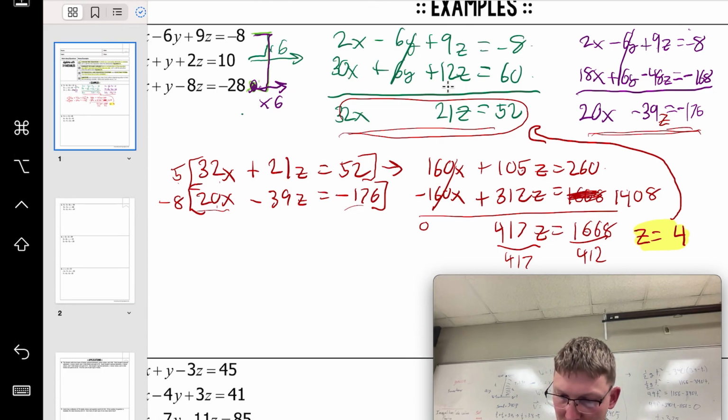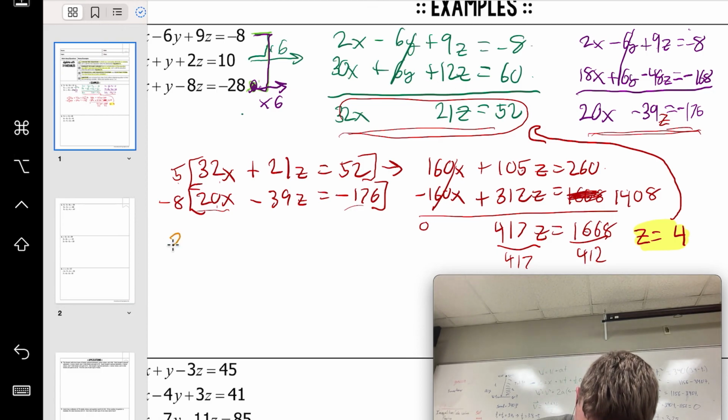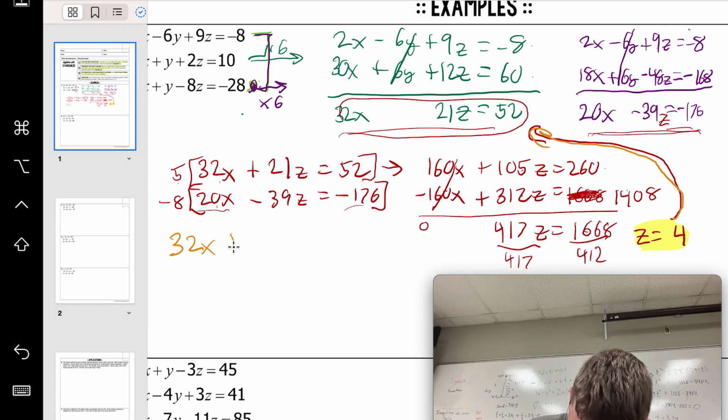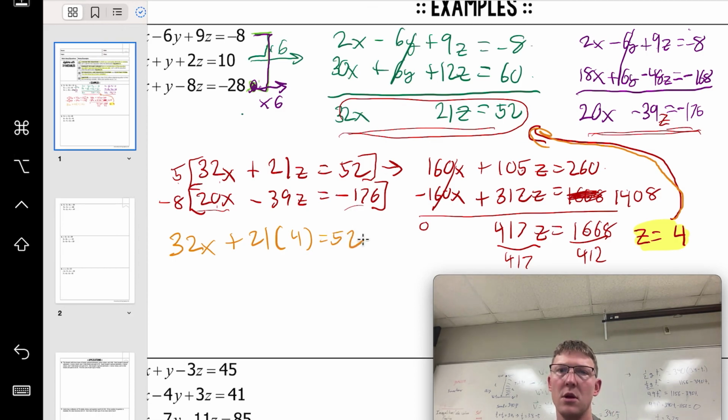So when we plug z into that, we're going to have 32x. So I'll just put my little orange thing. So hopefully we remember that that's our orange. Plus 21 times 4 equals 52.